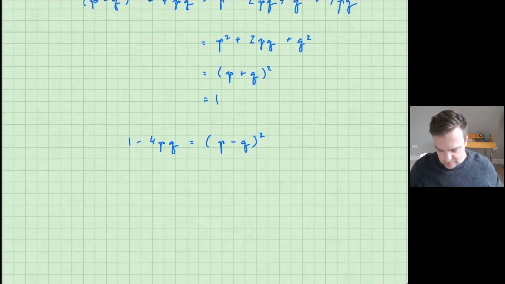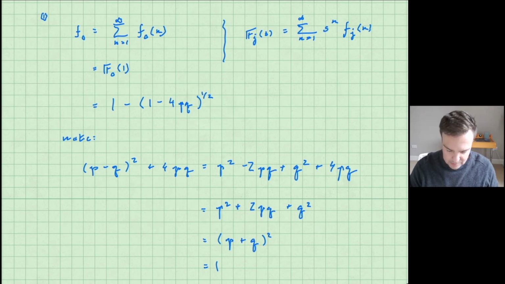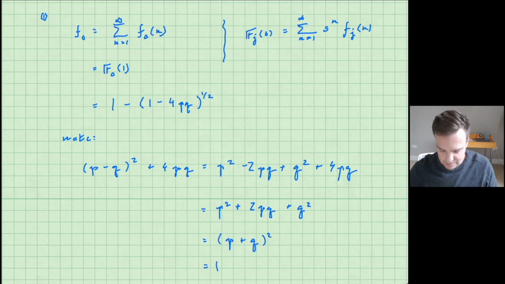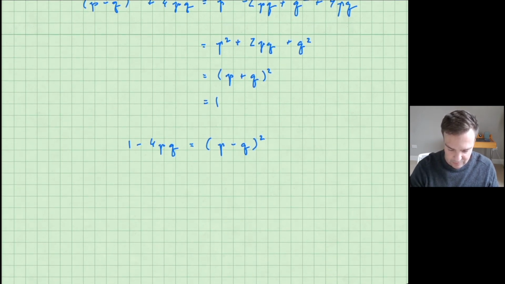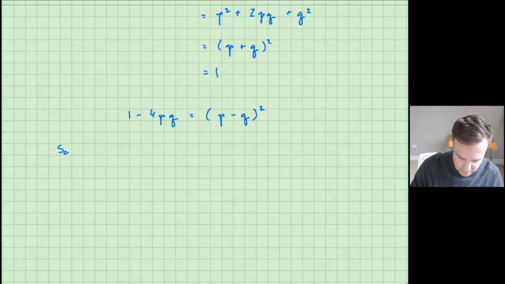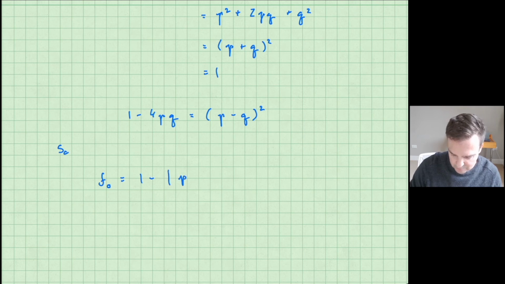Therefore, this quantity up here, that's the square root of a perfect square. So we can write this as f0 is then equal to 1 minus the absolute value of p minus q, right?